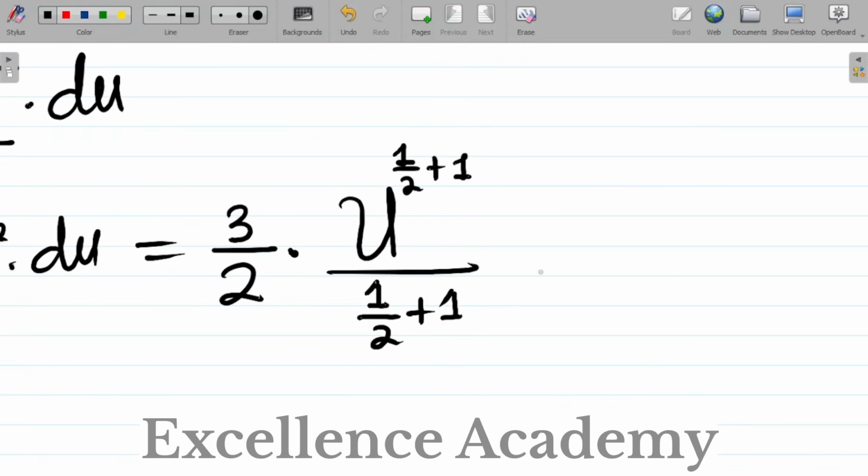Now solving this, this is equal to 3 all over 2 dot u to the power 1 over 2 plus 1. That should give you 3 over 2 in the denominator.